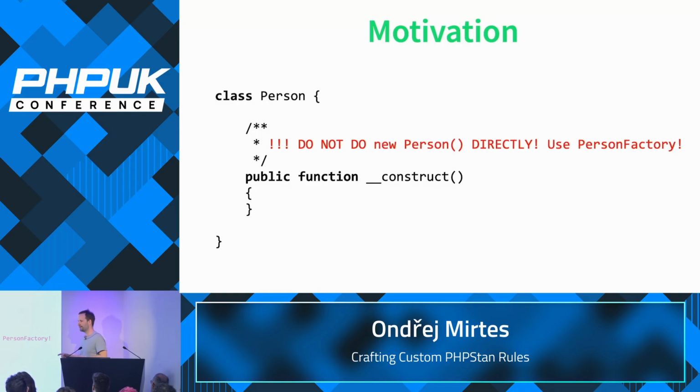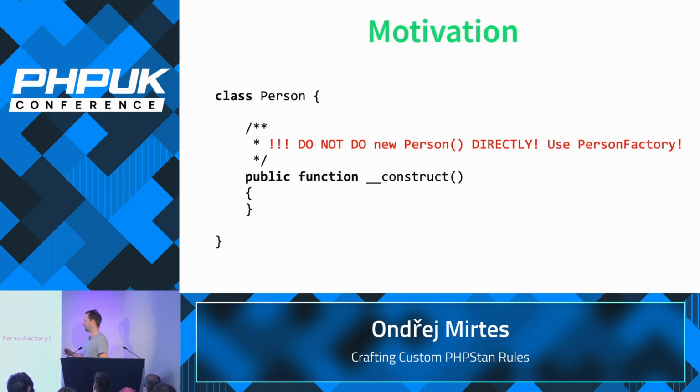The idea behind this comment is probably that Person is a value object. It does not have access to services registered in the dependency injection container. And for example, one thing that PersonFactory can do is to check for username uniqueness. It can validate email and so on, which is something that Person cannot do.